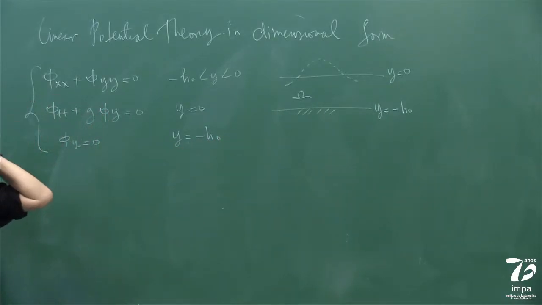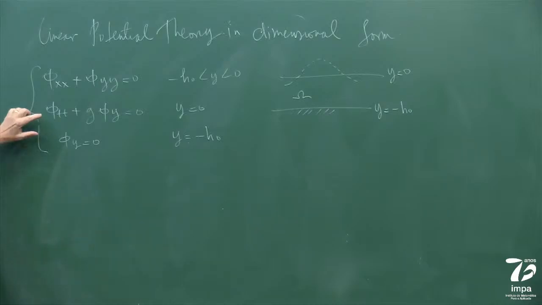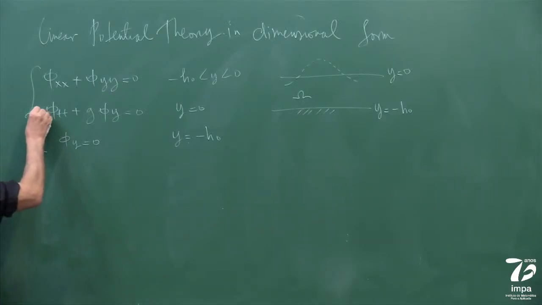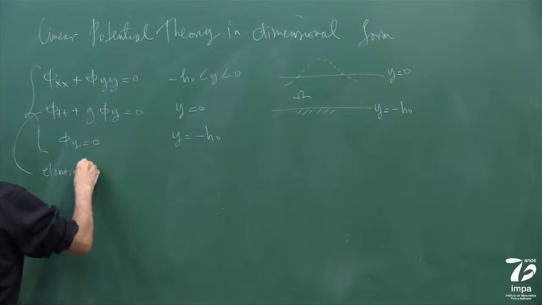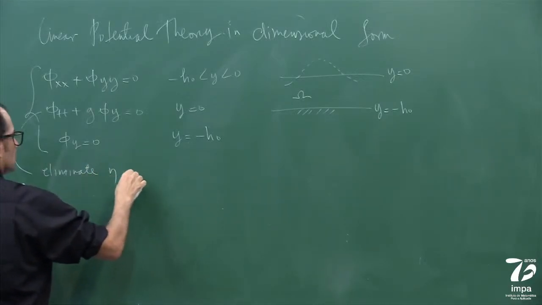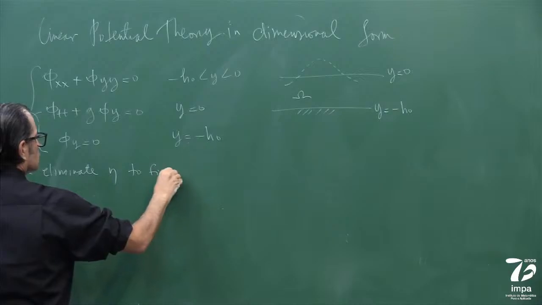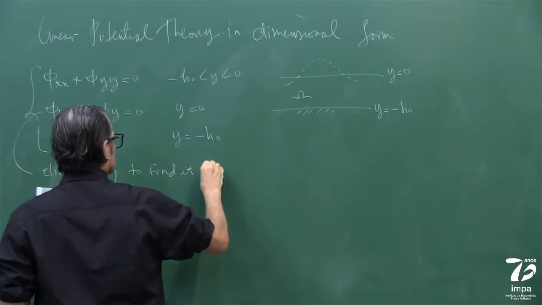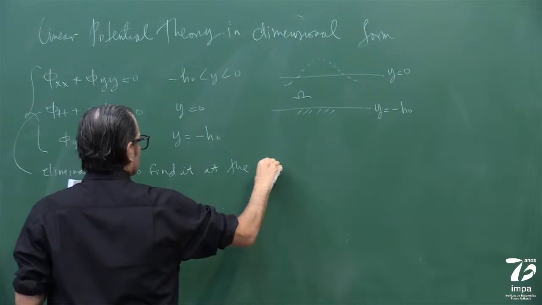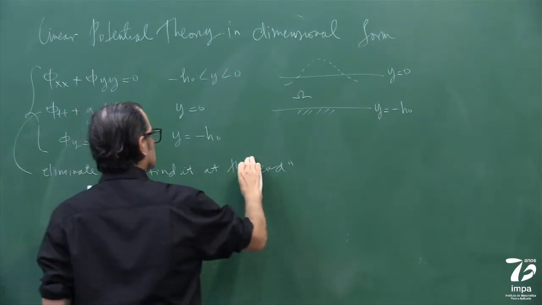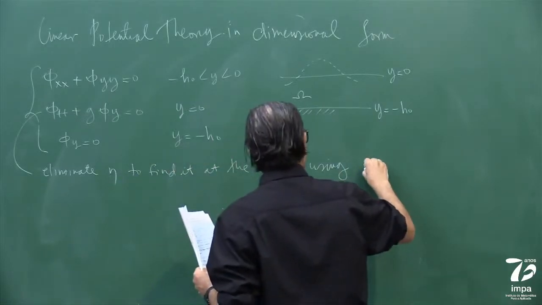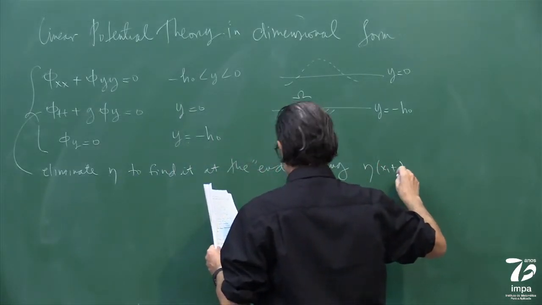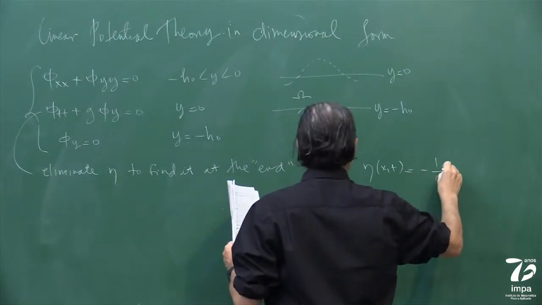Here's g of gravity, and double check this, that actually you can eliminate eta. We can find it at the end, after we solve the problem, using the linear free surface condition, which is written like this.